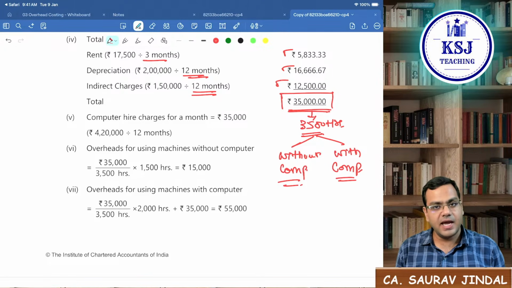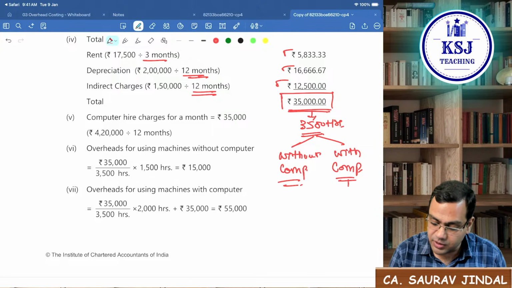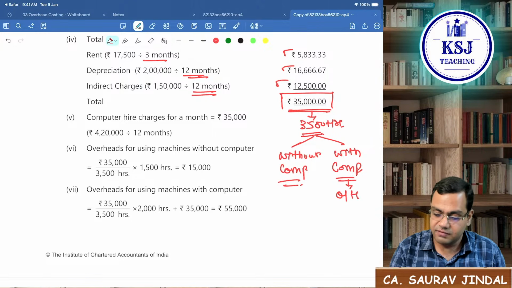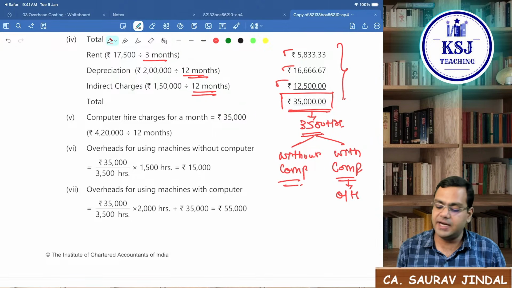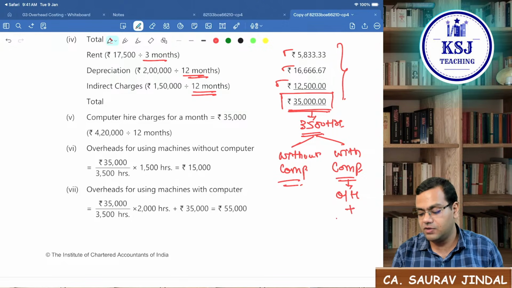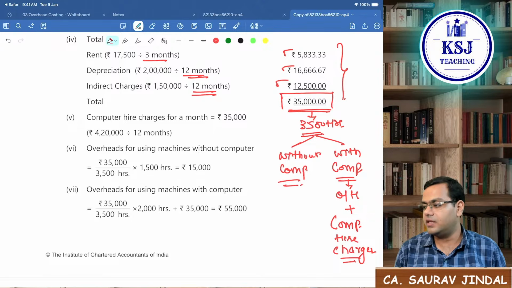Clear? When you are using the computer, you have these overheads, plus you will have another overhead, that is your computer hire charges.